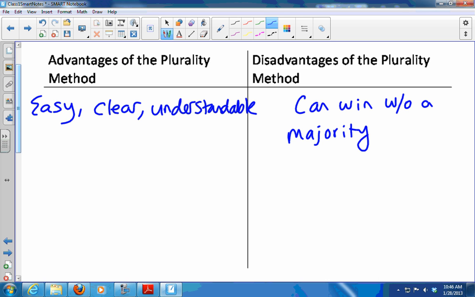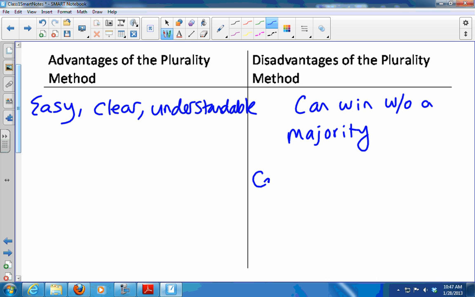You could win with 11% of people voting for you. Okay? So not only can you win without a majority, you can win with a very small percentage of votes. Not even just 40%, but you could win with as small as 1% if there were 100 choices. Yeah.